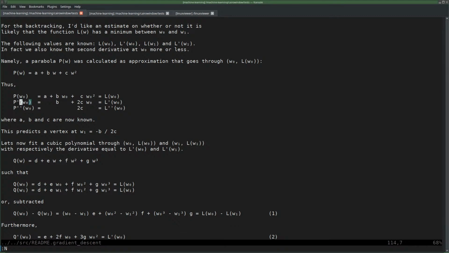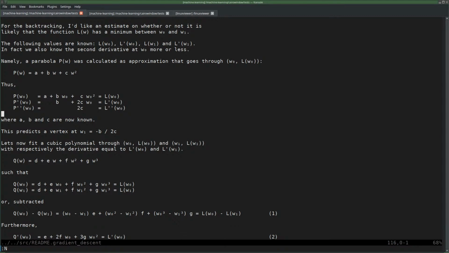And if you fill in W0 in the derivative, which is B plus 2CW, that must equal the first derivative at W0. And the second derivative is then just 2C. This must be equal to whatever that is, second derivative.